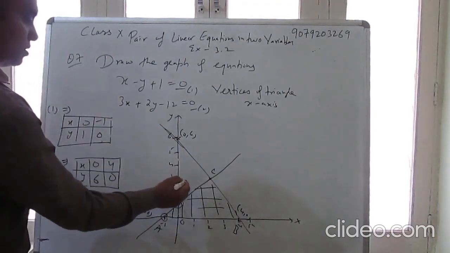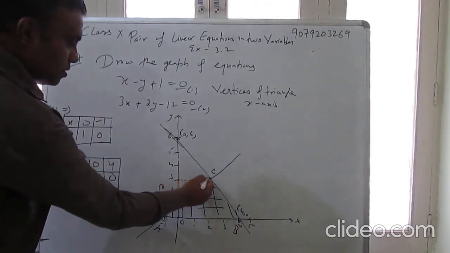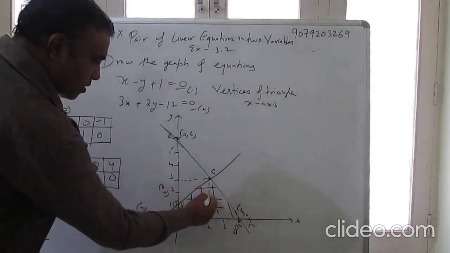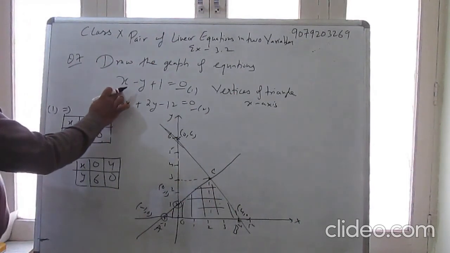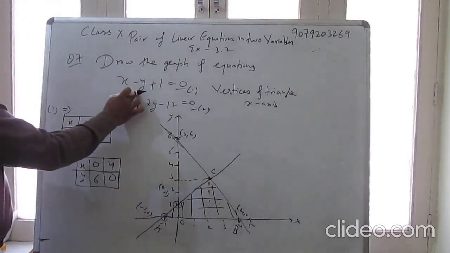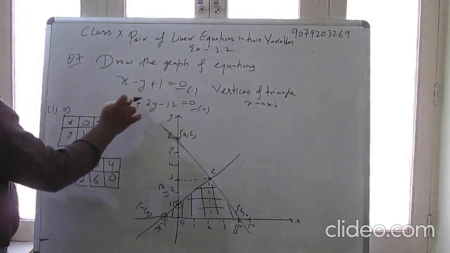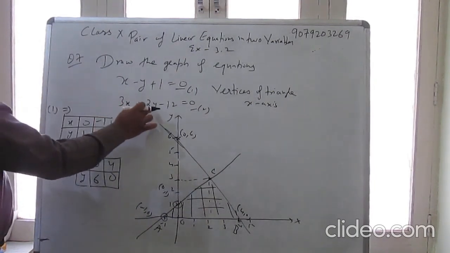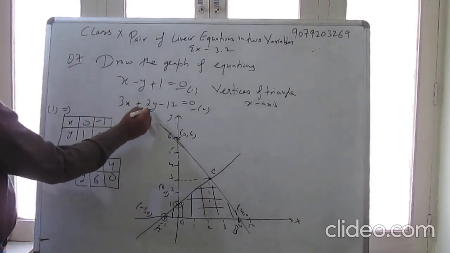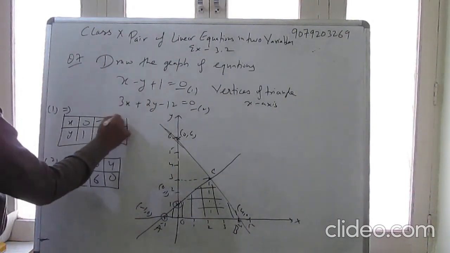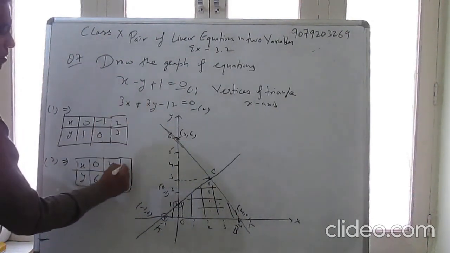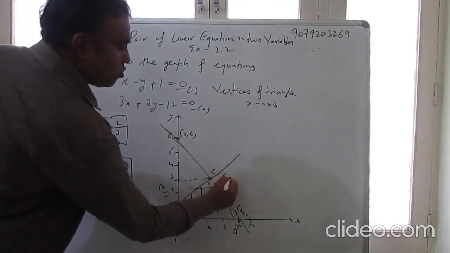From the graph the actual point comes out 2, 3. If I put 2 and 3, it will satisfy both equations. So 2, 3 is the intersecting point. This is 2, 3.